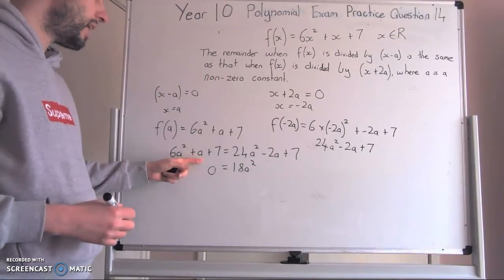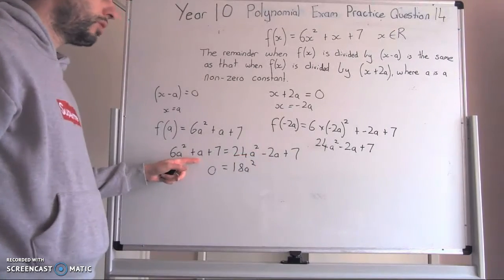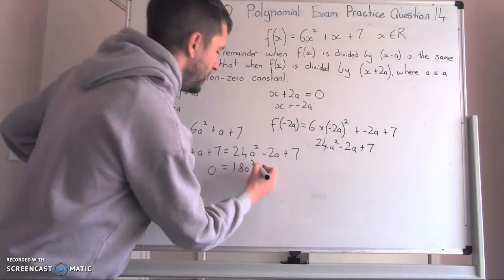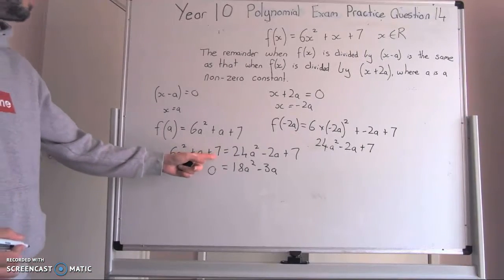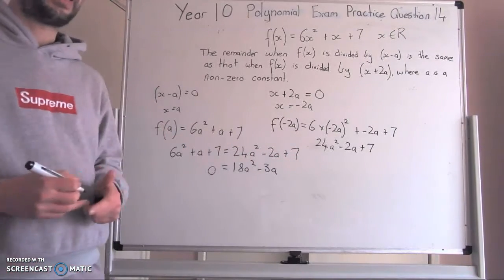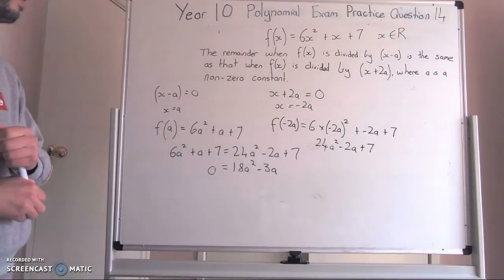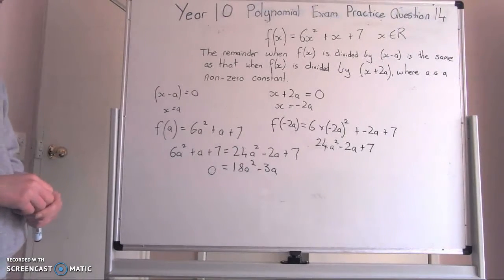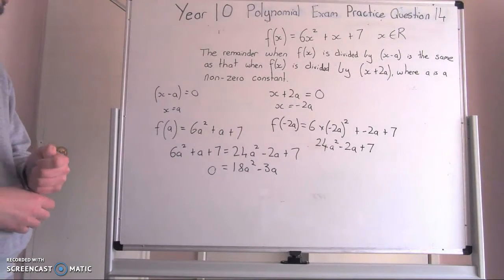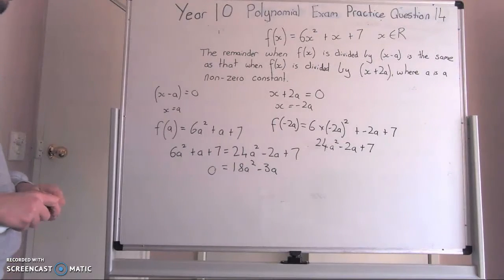If I'm taking away the a, it's negative 2a, take away a is negative 3a. And if I take away 7, it cancels out. So I'm left with 18a squared minus 3a is equal to 0.